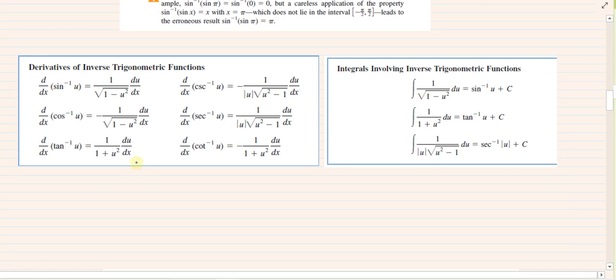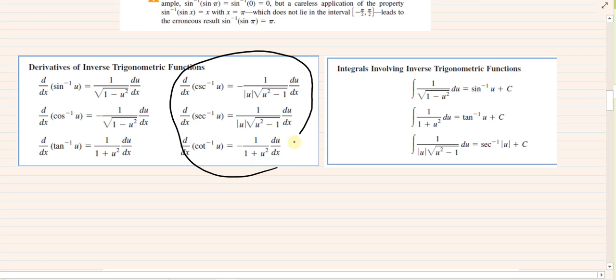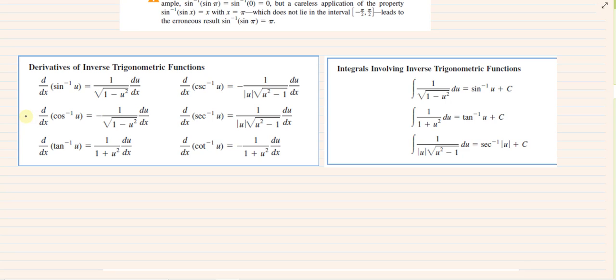Typically, in an in-class situation, we expect the students to have memorized the first 3, because otherwise it's too much memorization. These we don't use as often, although that's what they are. But the first 3, students typically need to have memorized because those will occur more frequently in future chapters of calculus and calculus series.